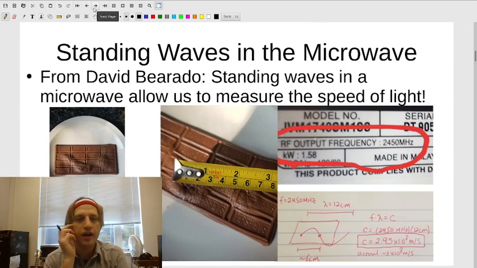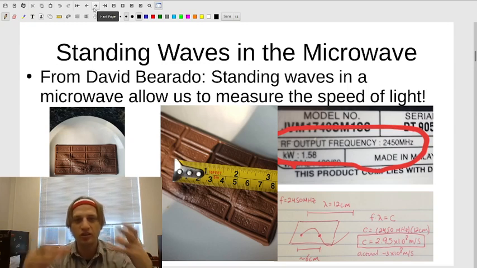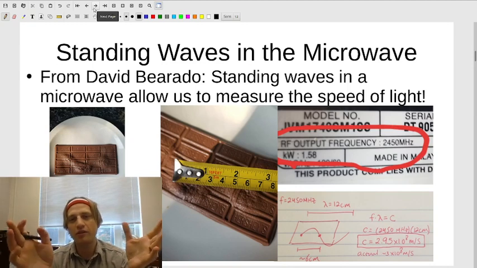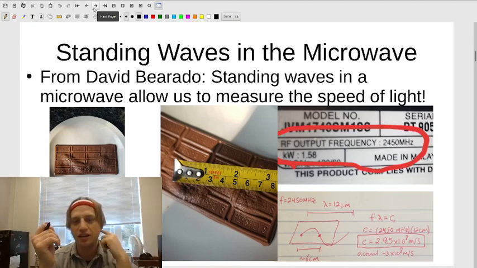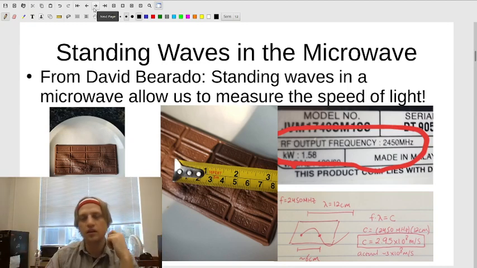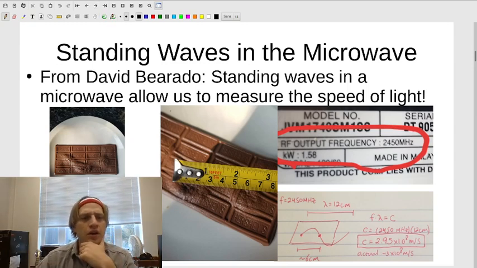A nice example of a standing wave that I think I shared earlier in the semester, but it's relevant here again. If we simply take the rotating plate out of the bottom of a microwave and look up the frequency that the microwave is putting in that oscillating signal, you can actually measure the speed of light using a Hershey bar.